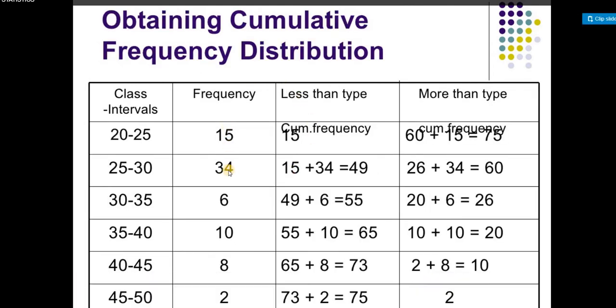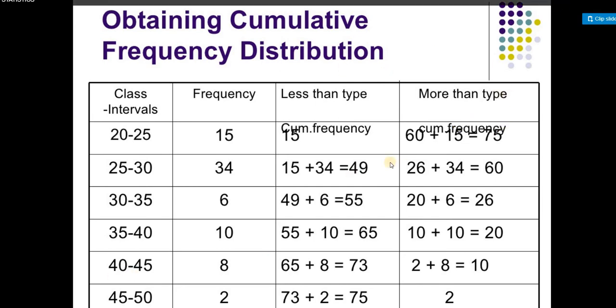Then we studied cumulative frequency. What is cumulative frequency? Here you can see less than type and more than type cumulative frequency. Here the frequency is 15. First we write the same number, 15. Then second, we add 15 plus 34 and get 49.